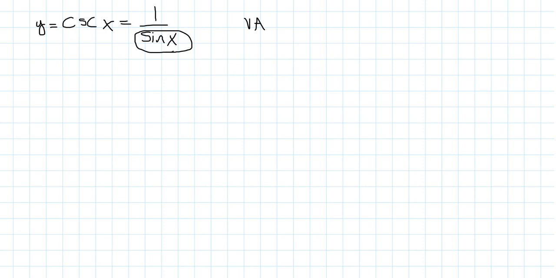I know on x equals n pi I have a problem, when n equals 0, positive or negative 1, positive or negative 2 and so on. On pi and 0 I have a problem in cosecant x, so it is my vertical asymptote.